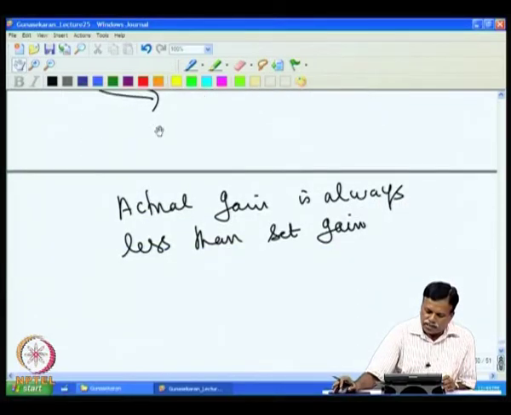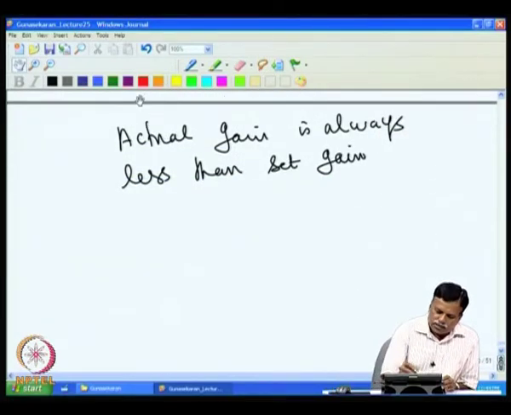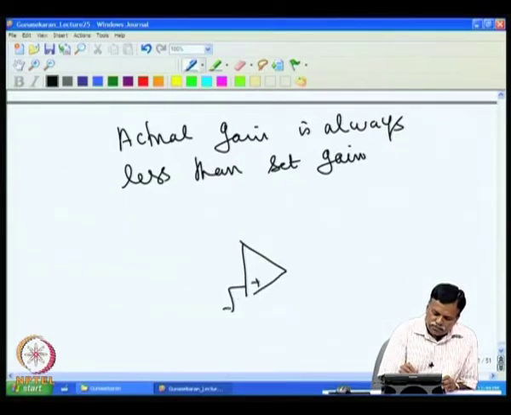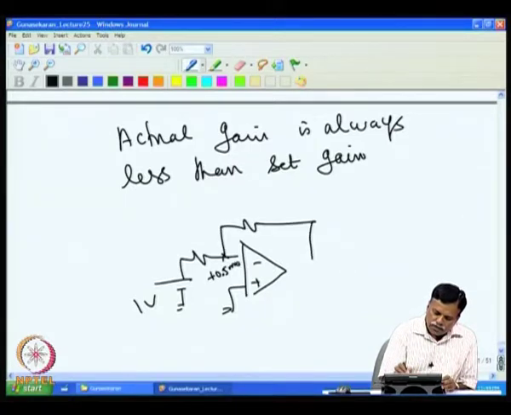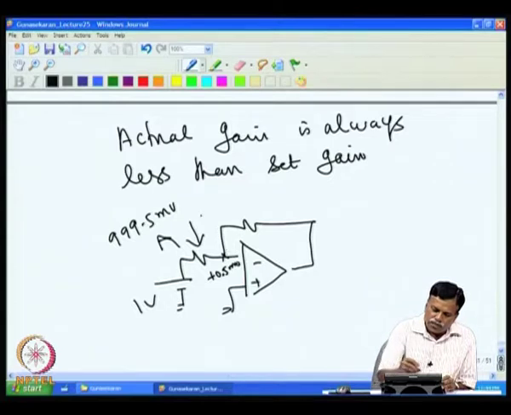So, if we see this, the voltage across this resistance: we have 1 volt, and if this is sitting at plus 0.5 millivolt, then the voltage across this is not 1 volt, it is 0.5 millivolt less than 1 volt, and only this voltage produces a current.